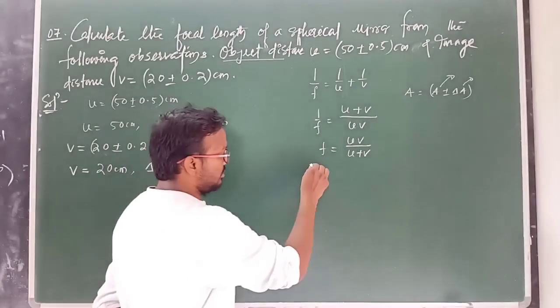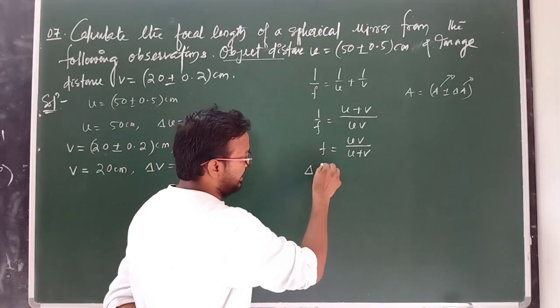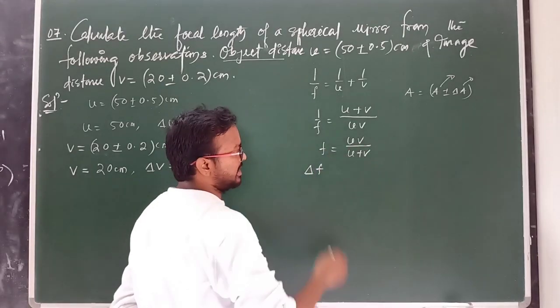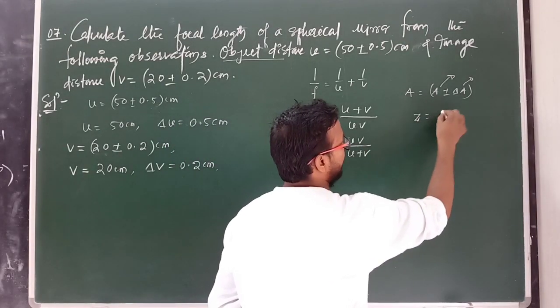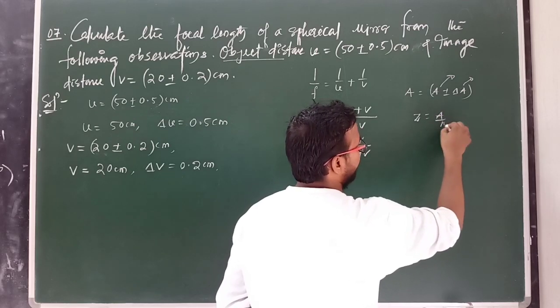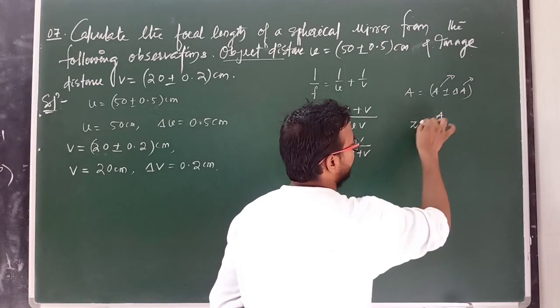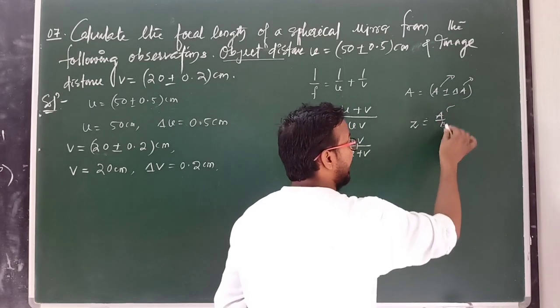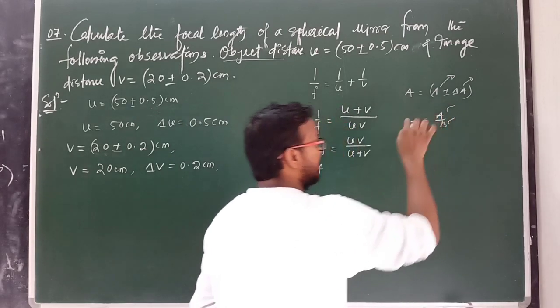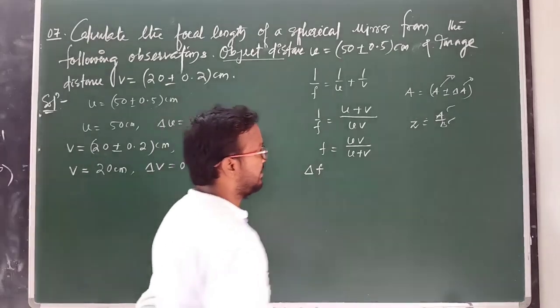So I am writing here delta f, because this is the division method and we already know the division method. Suppose z equal to a divided by b. If there is error in a and error in b, then the final result z consists of error.